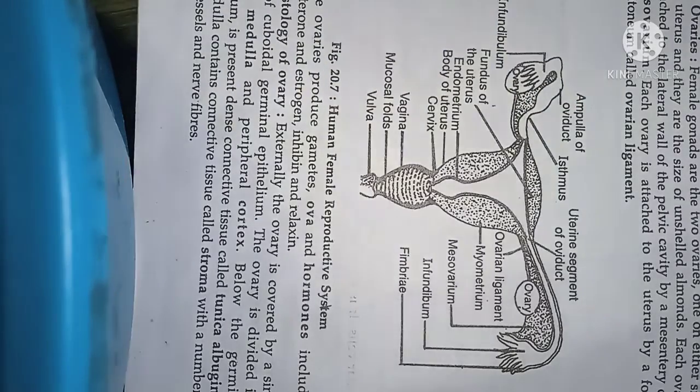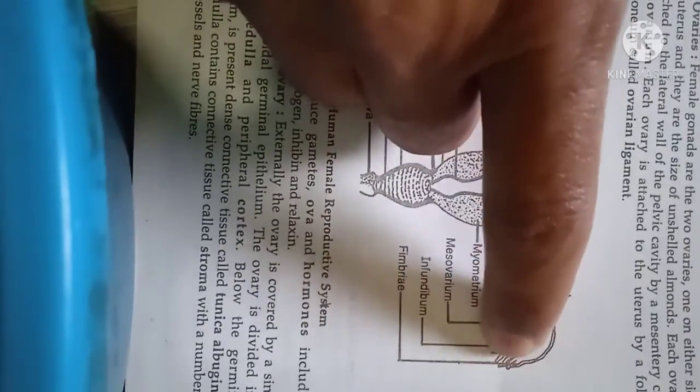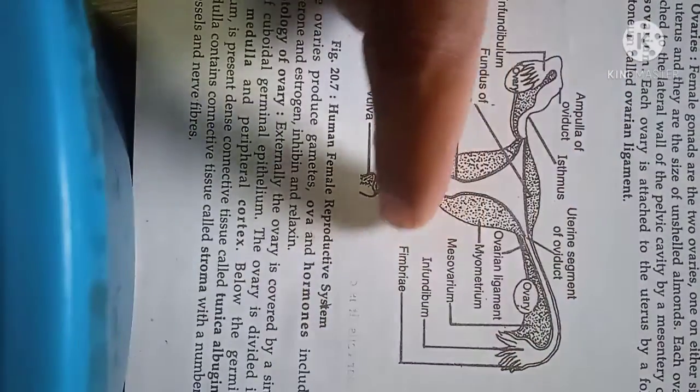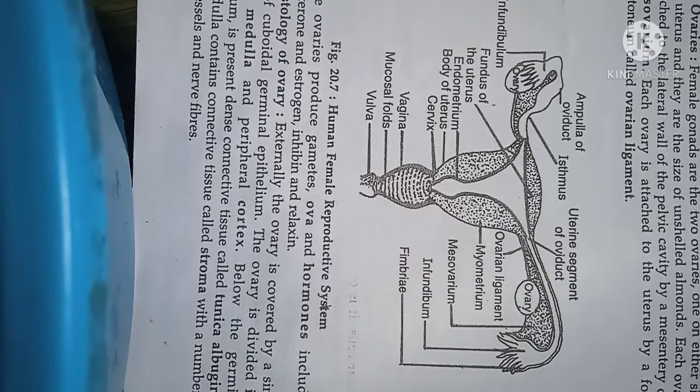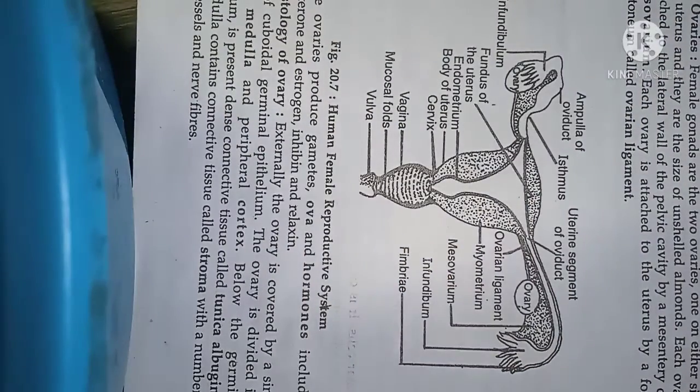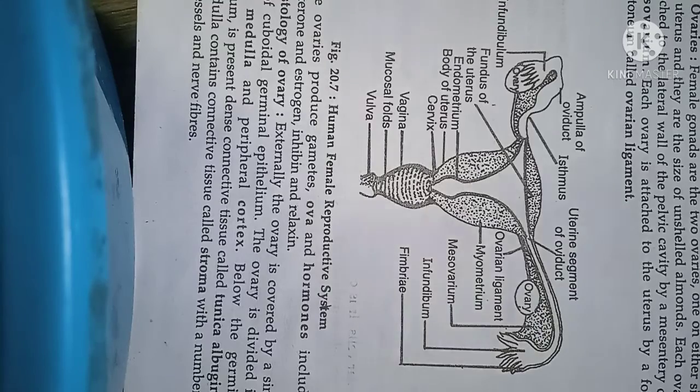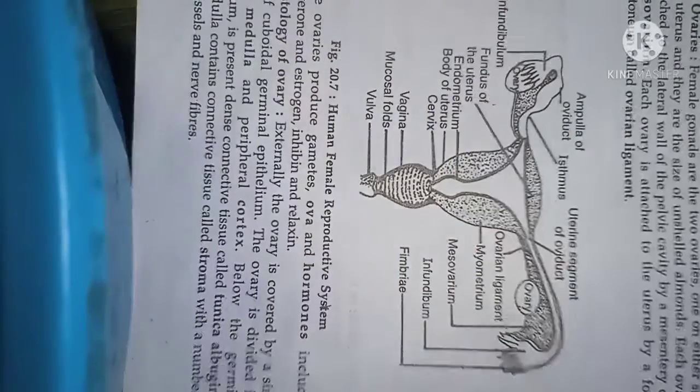It is also called the fallopian tube. The infundibulum is a funnel-shaped end called the oviducal funnel, having the fimbriae situated near the ovary. Its opening is called the ostium. It has finger-like structures called fimbriae, which collect the ova and transport them into the oviduct.